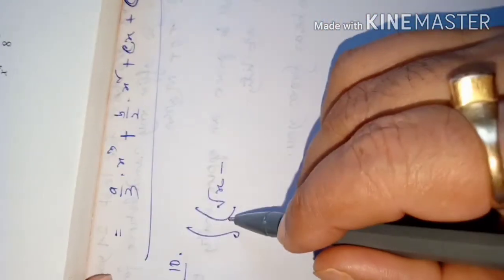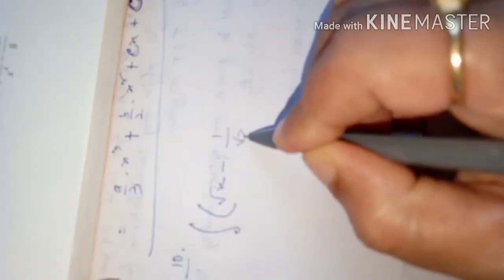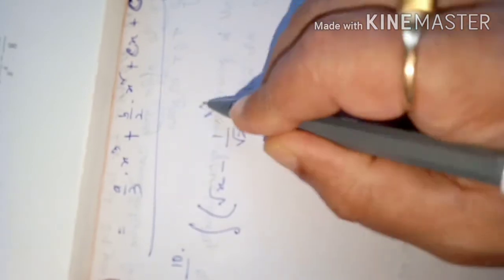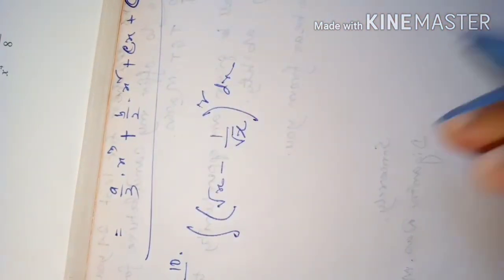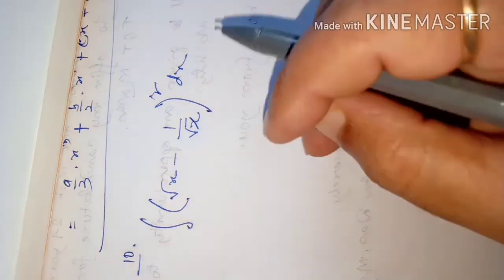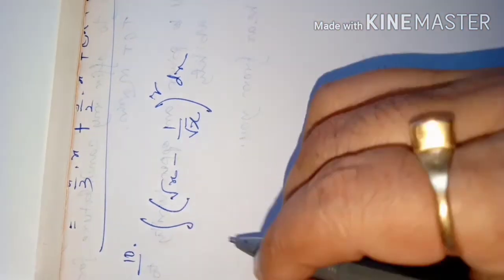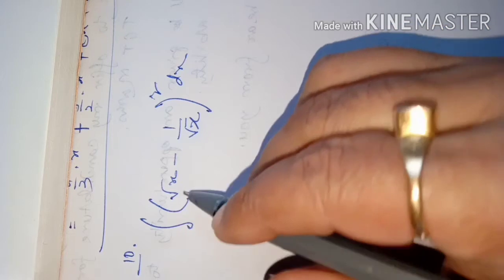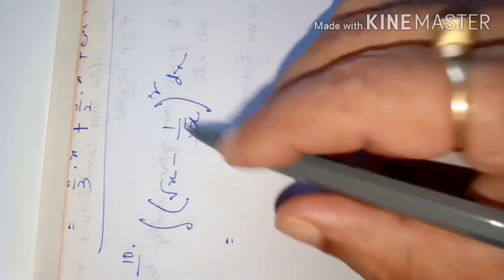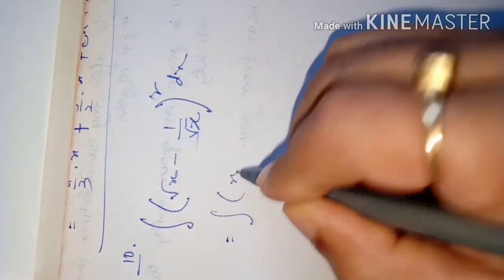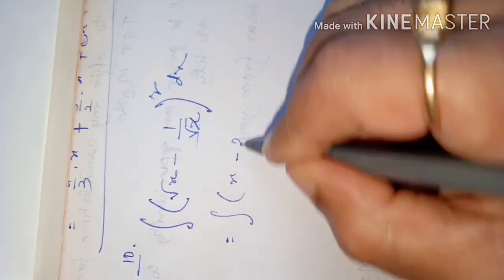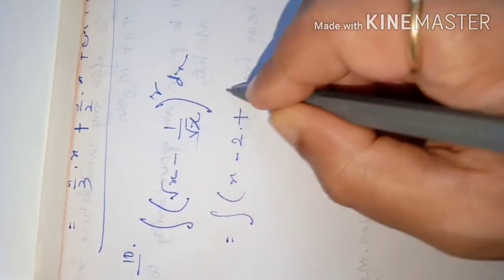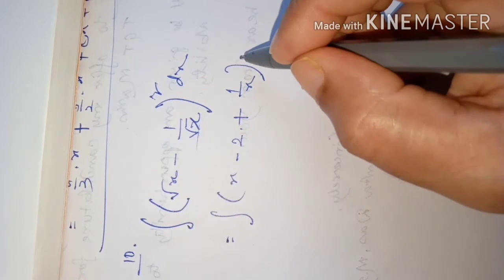So just square it and expand this, it will be x minus 2 into 2 plus 1 by x, dx.